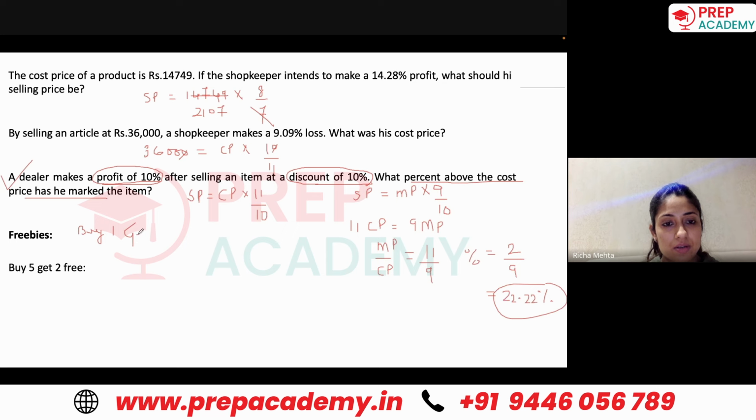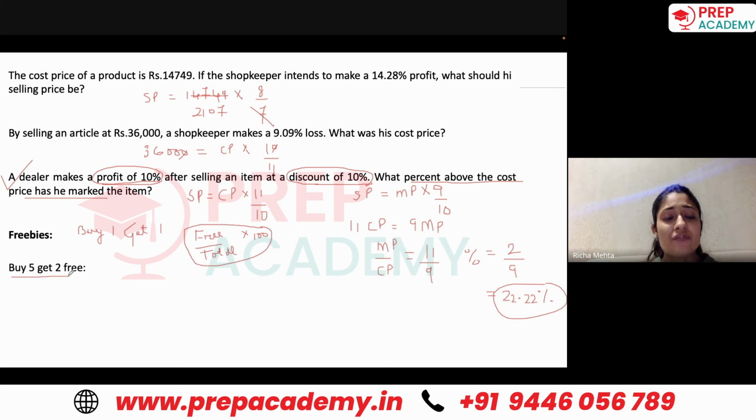So if there's a buy one get one free, it's a 50% discount. Basically, whatever free you get comes in the numerator, and total items that you're taking home comes in the denominator, into 100. So you got one item free out of two, which gives you 50%.